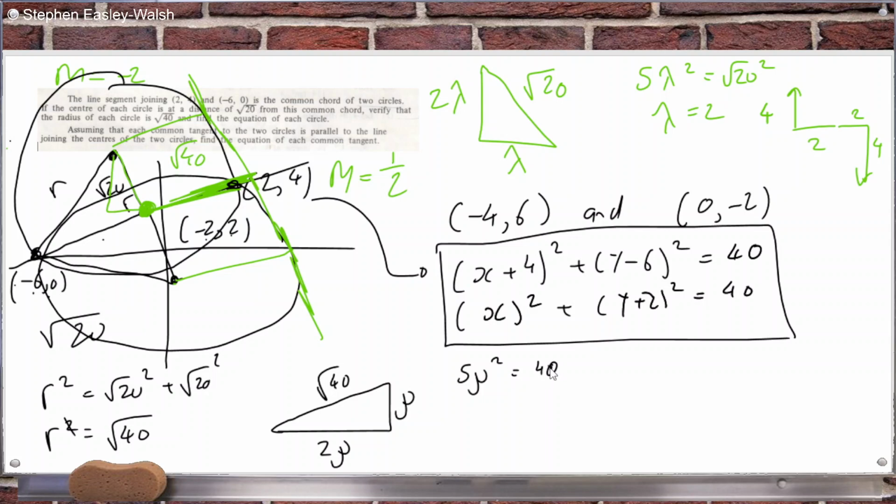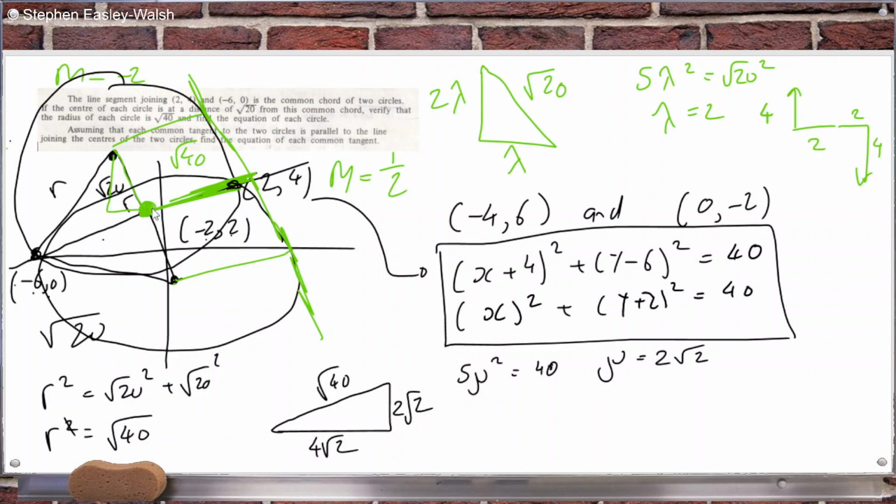So that means mu would be 2√2 if you solve that. So if I just clean this up then, so this side here is going to be 4√2 and this one here will be 2√2.